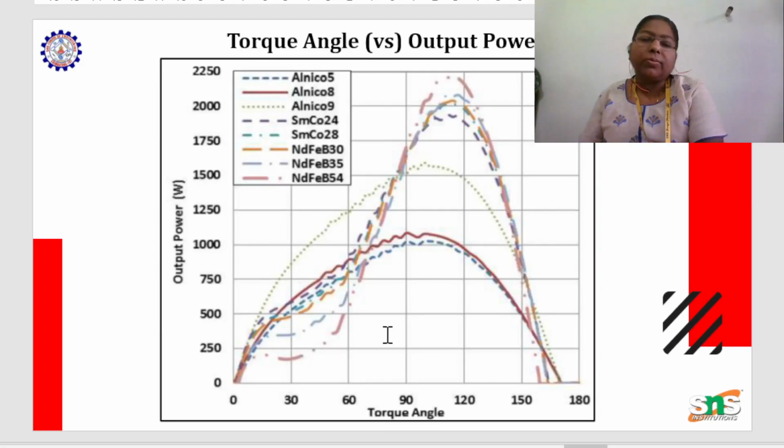This is the output characteristic, output power versus torque angle. The output power can be very high for various angles, and it varies over one cycle.